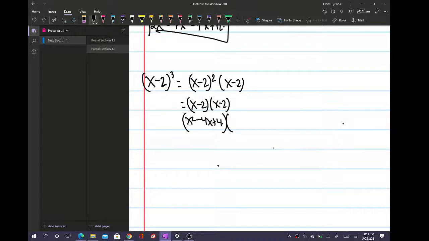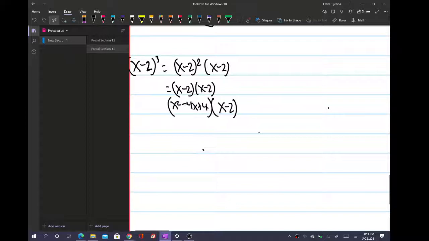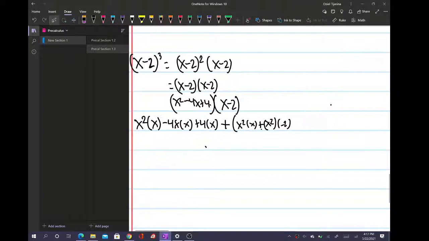Now, then we have to multiply it to the binomial here, a trinomial with a binomial. Now, if you don't like to do FOIL method, like I explained in the previous example, if you don't like to do it this way, then that's fine.